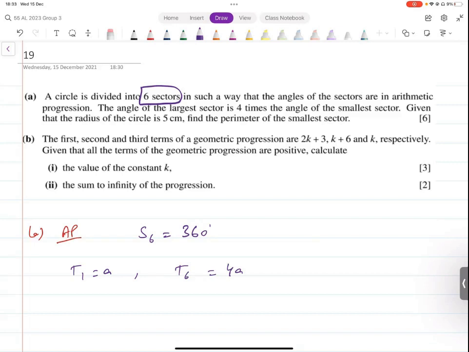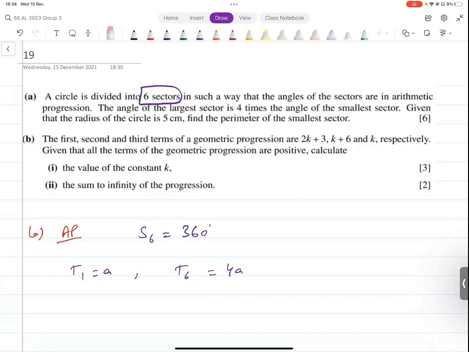They're in arithmetic progression, right? So they are either in increasing order or decreasing order. तो यहाँ पे क्योंकि उसने कहा है largest sector 4 times है, तो अगर हम smallest से start करें उसको हम A कह लें, that's our first term. तो जो last term होगी 6th term, that is going to be 4 times that initial term. Does this make sense? Yes, sir.